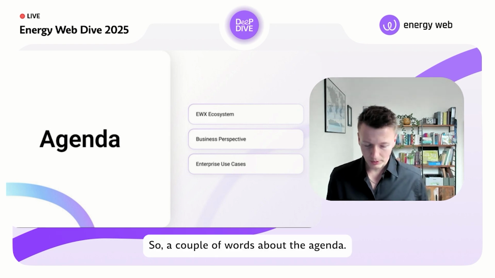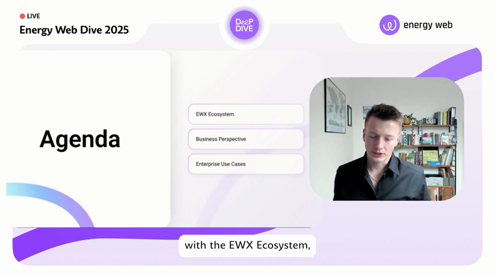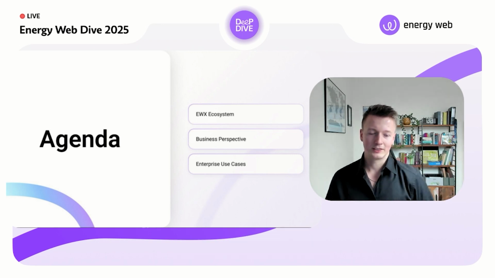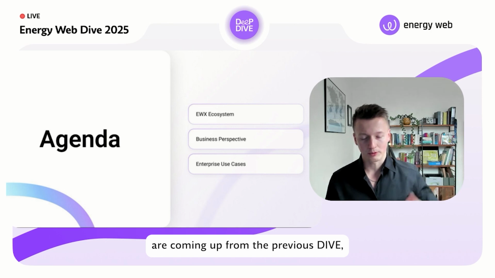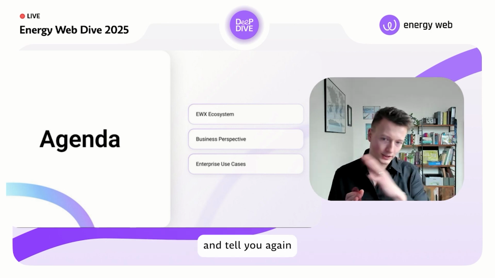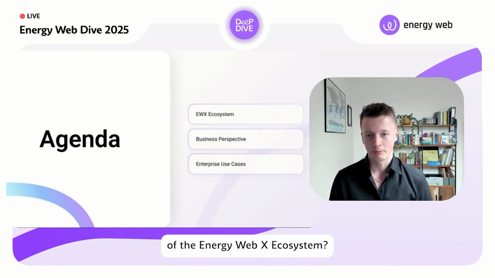A couple of words about the agenda. First, I would like to start with the EnergyWebX ecosystem, to provide a proper route if you are coming from the previous Dive. I will start with a small wrap-up and tell you again, as a refresher, what's inside and what the components of the EnergyWebX ecosystem are.